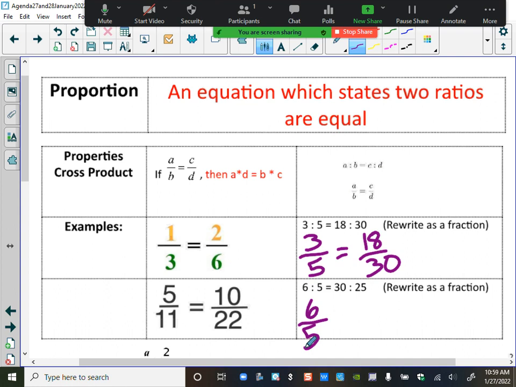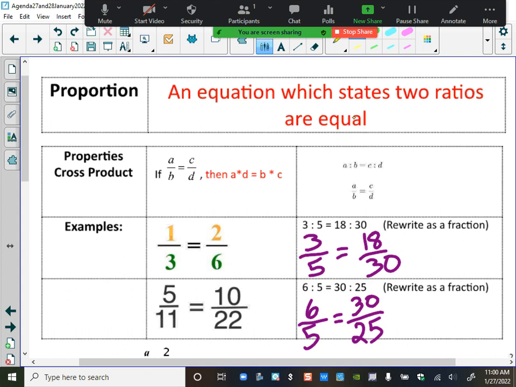Now, the one thing I'm going to say: order will still matter. Your order will still matter, but here's the key. With proportion, if you want to check whether or not you have a true proportion, do a crisscross multiplication.